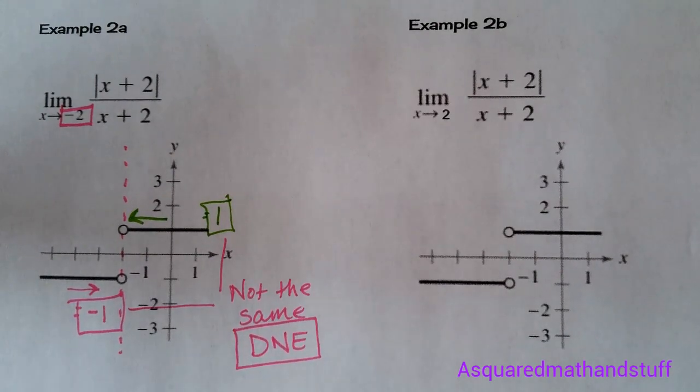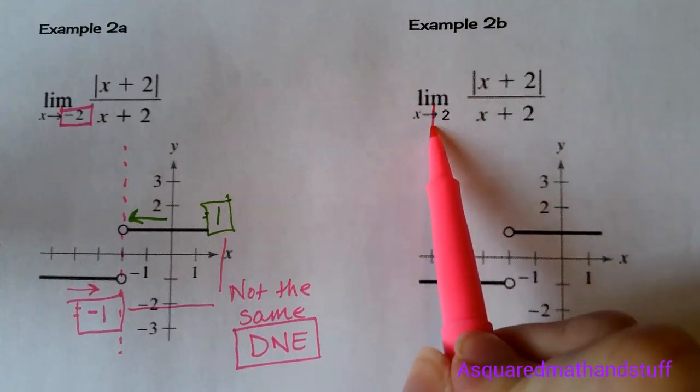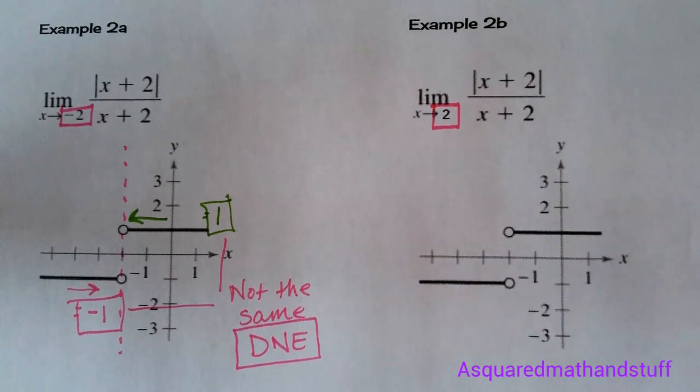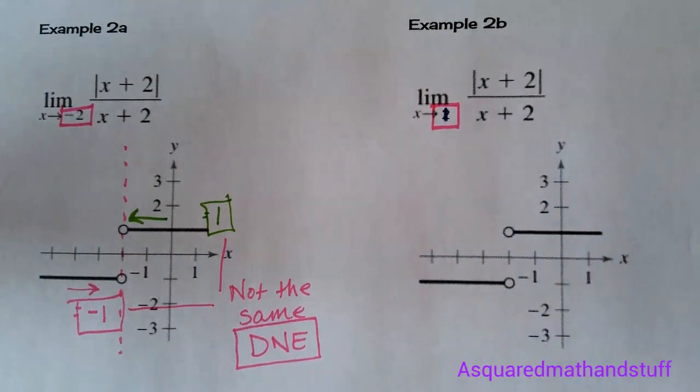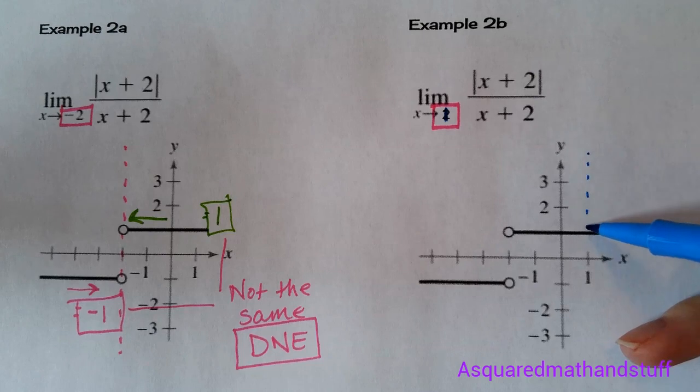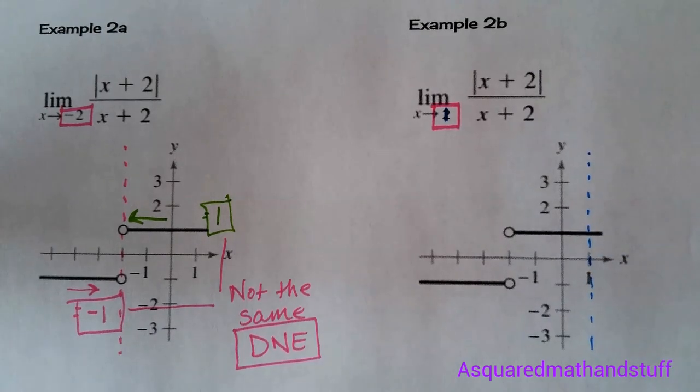Now let's take a look again. Exact same graph, exact same equation. We're changing it up to a +2 that we're looking at. Well, look at that. I didn't include +2 on this graph. So let's change that to a 1. Since we have 1 on this graph, we're going to approach x equals 1. So let me draw my dotted line at x equaling 1.